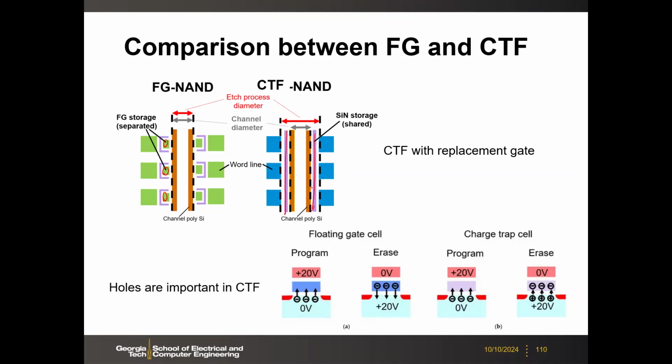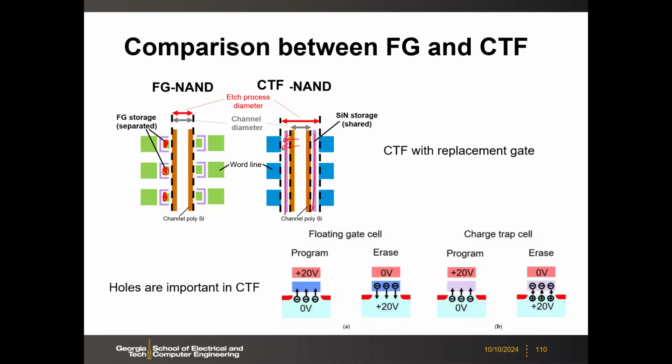If you recall, we discussed before that in the floating gate, the electrons tend to move. That's why you have to separate them, right? Otherwise, you cannot distinguish which cell from which cell. But the nitride layer is okay to share, because when the electrons are injected, they will stay there. Electrons will stay locally, unlike the floating gate, where electrons will move around. So that's a key difference.